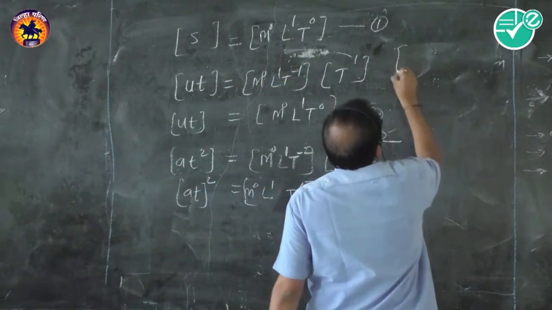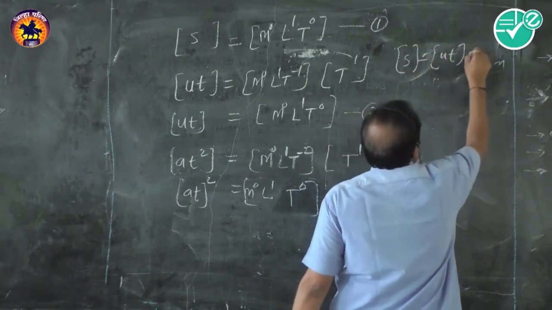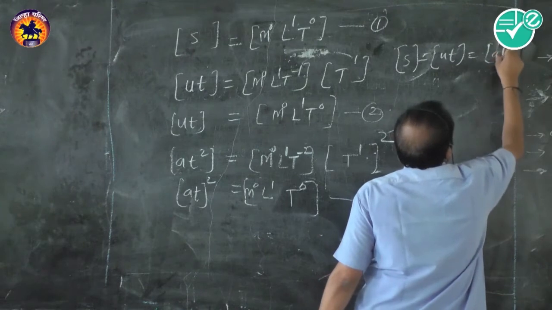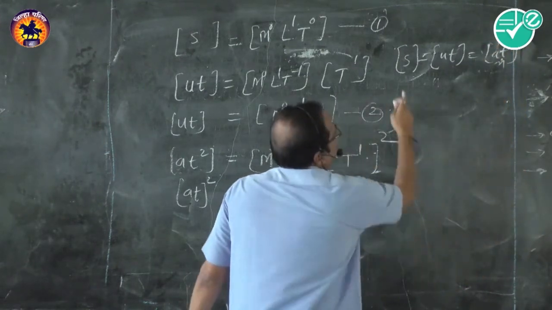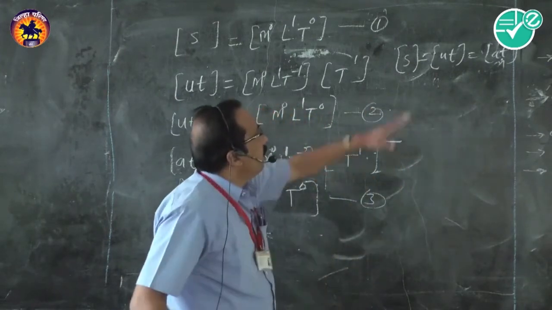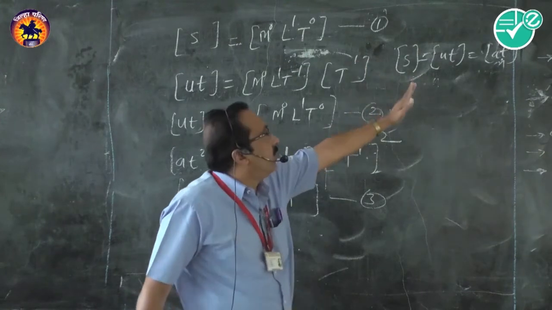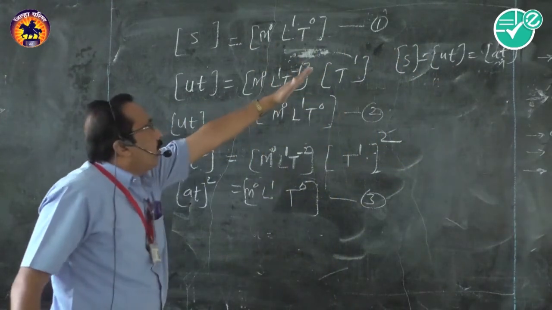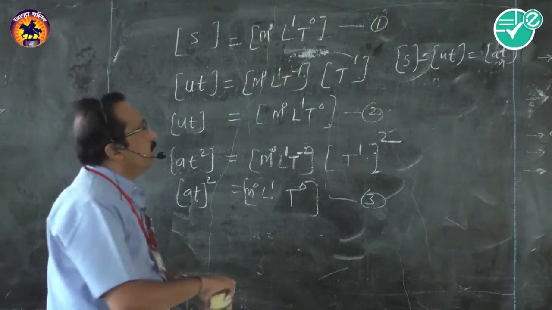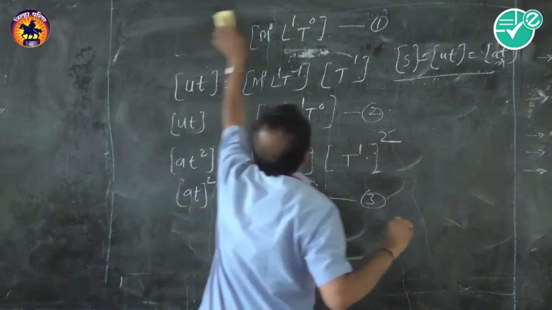That means the dimensions of S are equal to the dimensions of ut and equal to the dimensions of at square. Half is dimensionless only. Therefore, according to the law of homogeneity, the dimensions of the left hand side are equal to the dimensions of all terms on the right hand side, and the given equation is dimensionally correct.